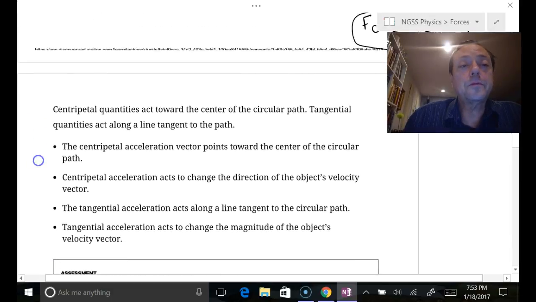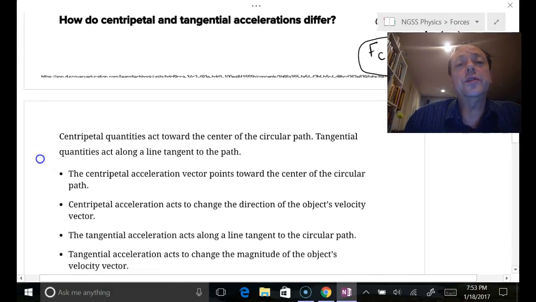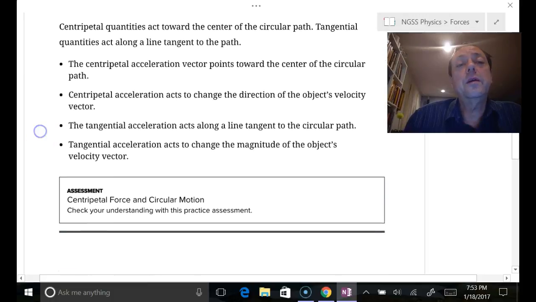But if there was a tangential acceleration, it would mean that something is going in a circle and is speeding up or slowing down. So the centripetal acceleration vector points toward the center of the circle. Centripetal acceleration acts to change the direction of the object's velocity vector, and the tangential acceleration acts along a line tangent to the circular path. Tangential acceleration acts to change the magnitude of the object's velocity vector.